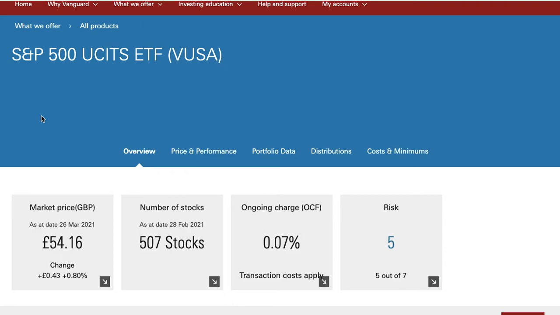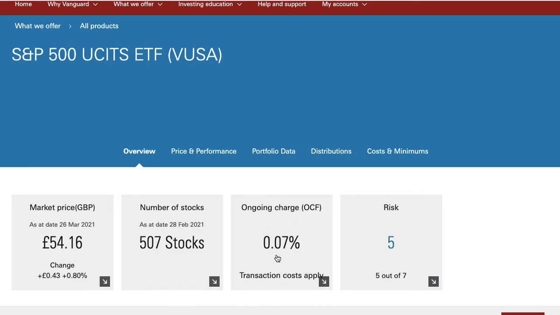Each fund creates its own ETF, so exchange traded fund, and they try to track the S&P 500 as close as possible. But obviously there are tiny discrepancies somewhere. That's why, although the index is S&P 500, you can see that the Vanguard ETF has 507 stocks.